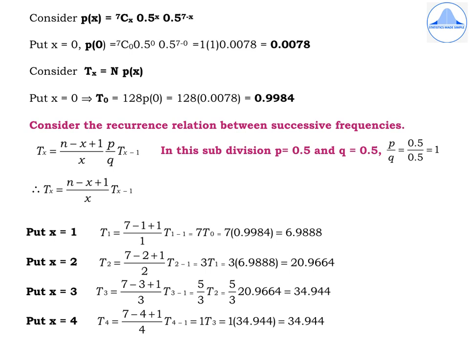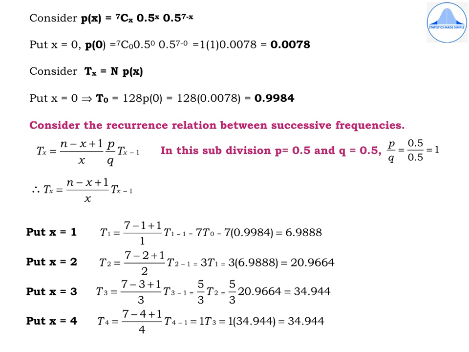So once you've calculated p of 0, now the aim is to fit a binomial distribution and to obtain the expected frequencies. So for that, you start with the theoretical or expected frequency formula, that is Tx is equal to capital N into P of x. Now in this equation, put x equal to 0.